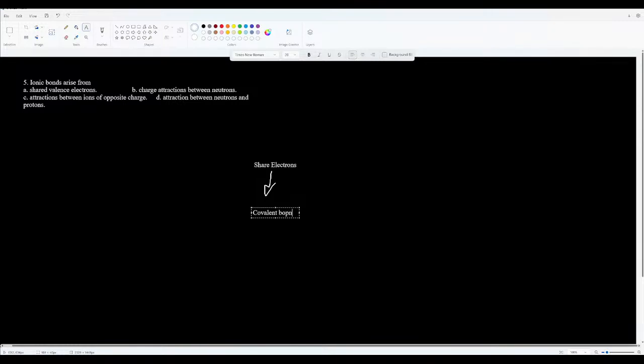No, covalent dong. That's funny. Covalent bond. That is when we share electrons. How about when we exchange electrons? That is an ionic bond.